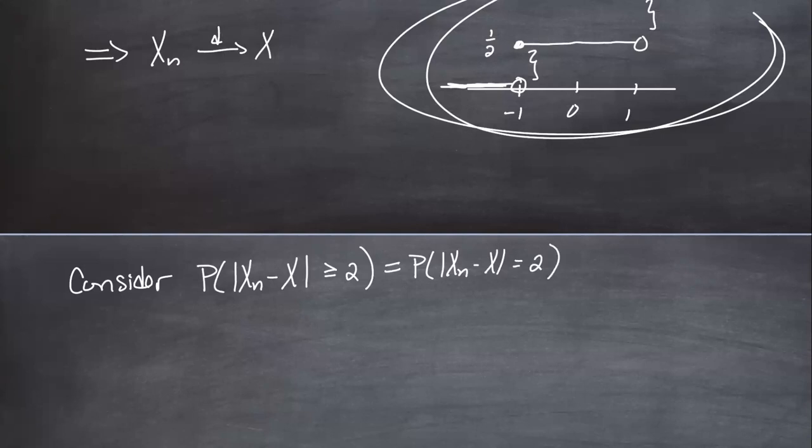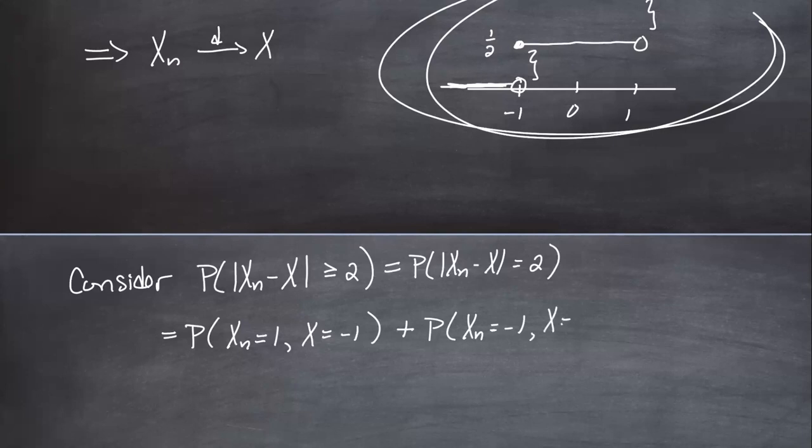Again, if you made this strictly greater than 1.9, then this line would still be correct. This distance between Xn and X being equal to 2 happens if Xn is equal to 1 and X is equal to -1, or we get a disjoint event where Xn is equal to -1 and X is equal to 1. Those are the two ways this can happen for this particular sequence of variables.